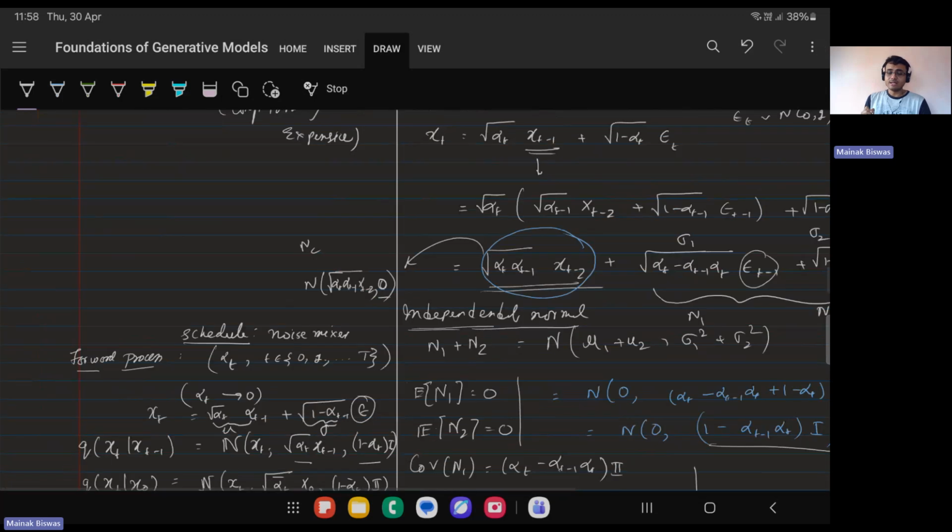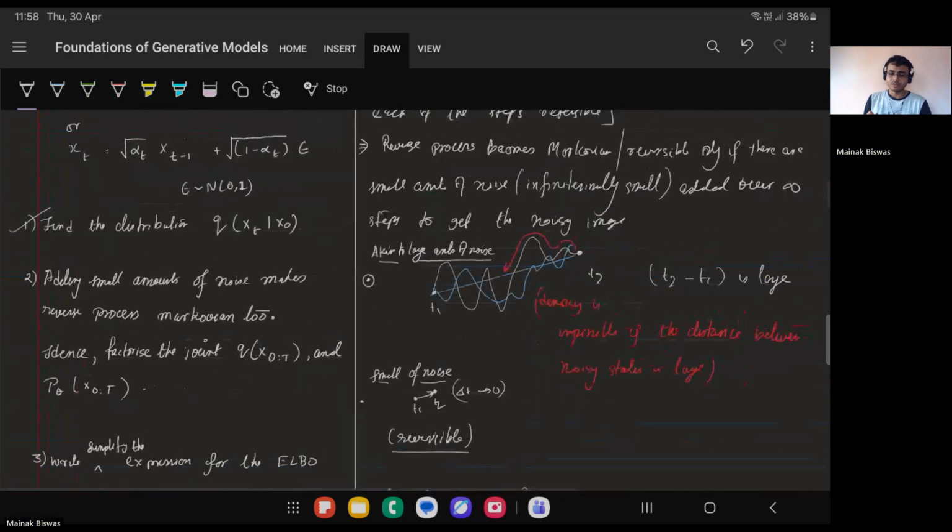Okay, so now I know what is q of xt given x0. Now we have shown that adding small amounts of noise makes the reverse process Markovian. We have understood the intuition because each of these processes can be approximated by a linear sum, which is not possible with the huge non-linearity, infinite non-linear paths present between T1 and T2 when the time gap between the two points is large.